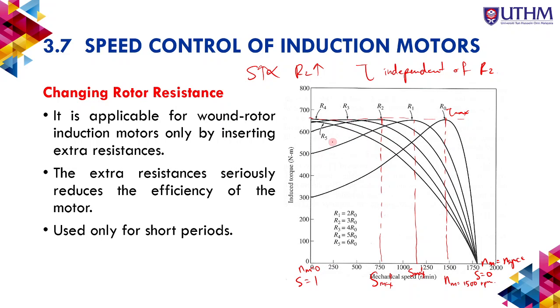It is possible when we change the value of resistance. The starting torque, you can see here, is equivalent to the maximum torque, for R5 over here. Then this is how we control the motor.